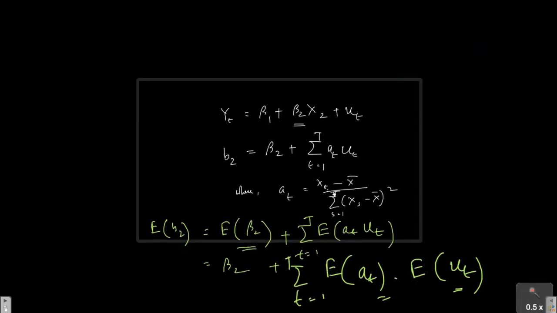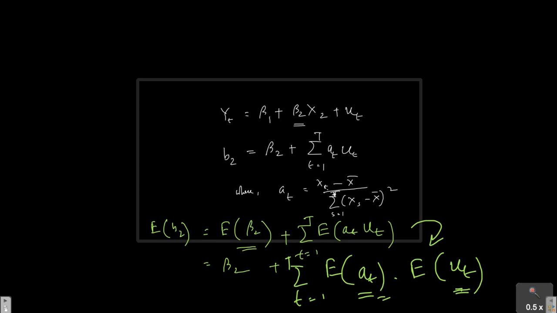For my estimator to be BLUE, the Gauss-Markov assumption states that these two terms need to be independent, because a_t is nothing but the x terms and u_t is nothing but the error terms. So they need to be independent. And using that, I wrote this equation in the following manner.